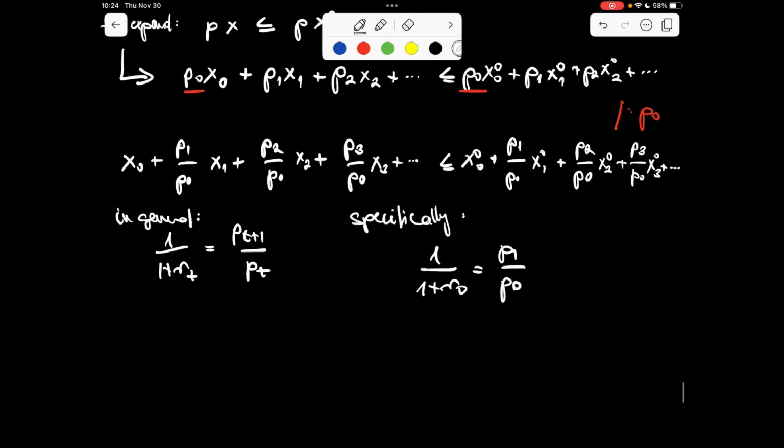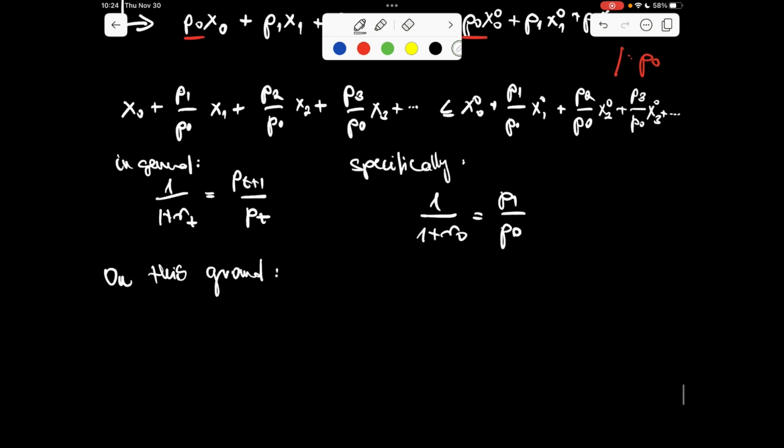So on this ground we have a very nice recursive formula.